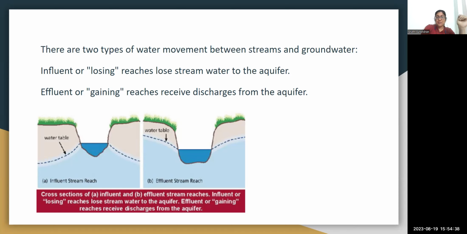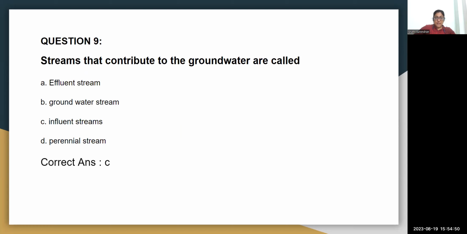So an influent stream is when water from the stream recharges groundwater, and an effluent stream is when groundwater provides water to the streams. That is why the answer here is influent streams. Water is going from the stream into the groundwater.